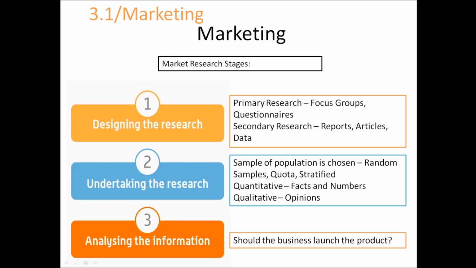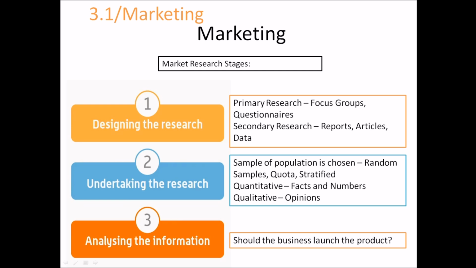Alright, step number 2 is you undertake the research, and when a business undertakes the research, they can't ask everyone in the world. They can't ask everyone in the UK. McDonald's can't ask everyone in the UK what they think of their new burger, but what they can do is get a sample of the population, and there are 3 types of sampling.